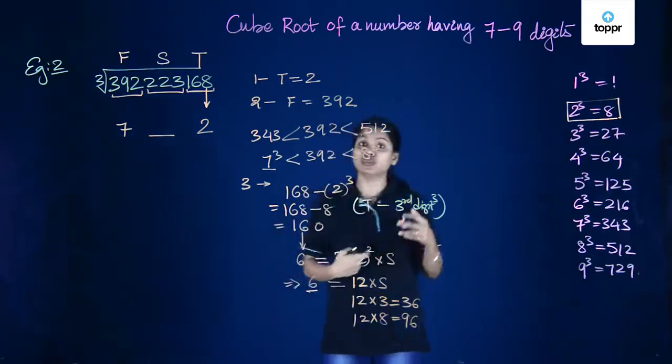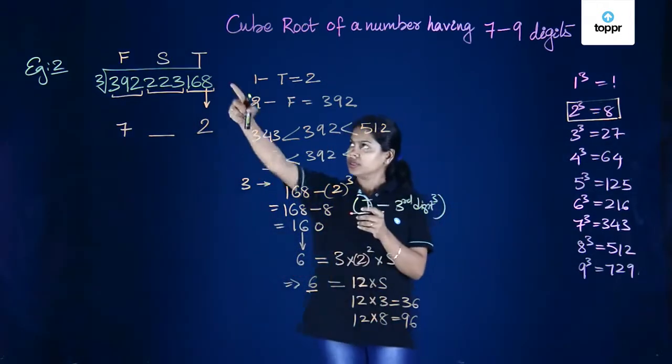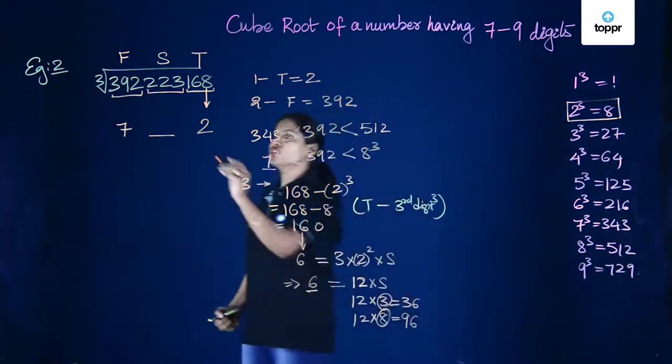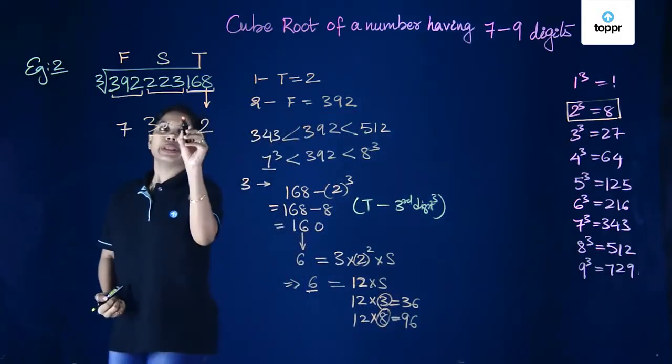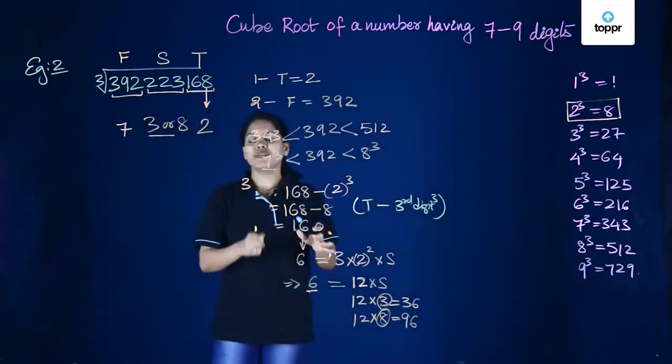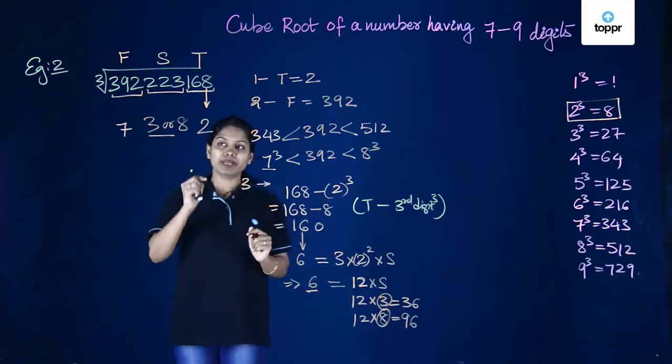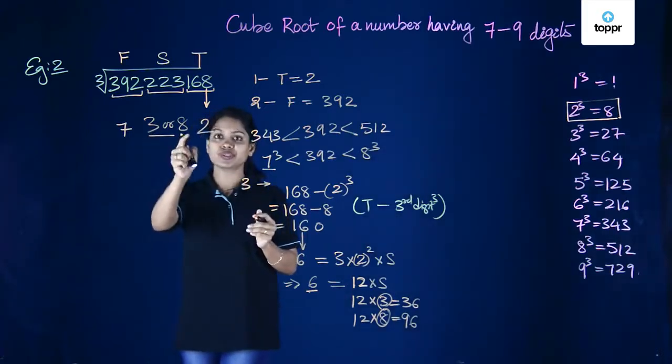So here we have two choices. The second digit could be 3 or it could be 8. So far we have followed the same steps as we did in the previous question. But now we'll learn how to decide whether it is 3 or 8.